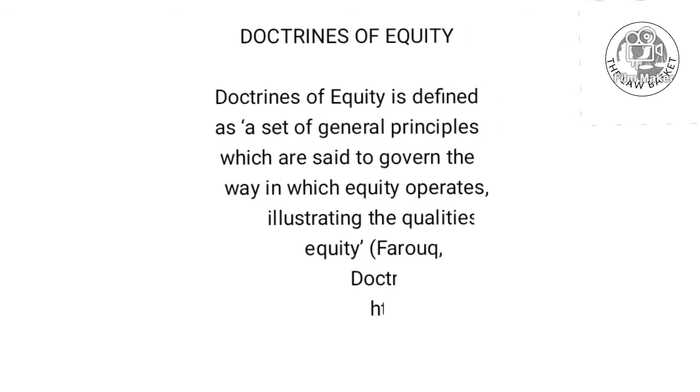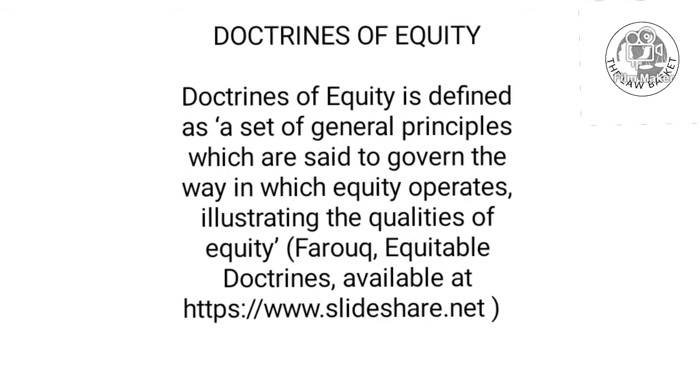Now, to the rules of law generally known as the doctrines of equity. These doctrines of equity have been defined by legal scholars as a set of general principles which are said to govern the way in which equity operates, illustrating the qualities of equity.